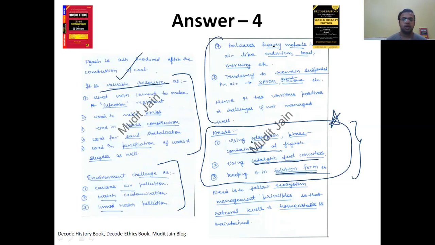Similarly, I've used keywords in the entire answer like smog, ground ozone. I'm mentioning elements. So these all things make impact in your answer. Now I'm mentioning another keyword, ecosystem management principle, homeostasis, natural levels. These are all keywords mentioned from Shankar itself.